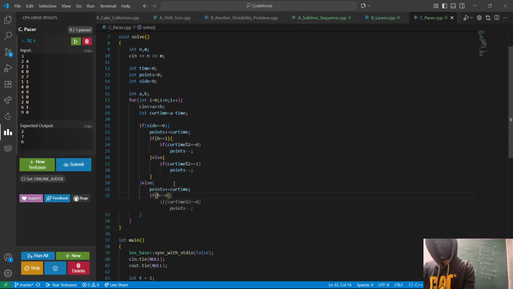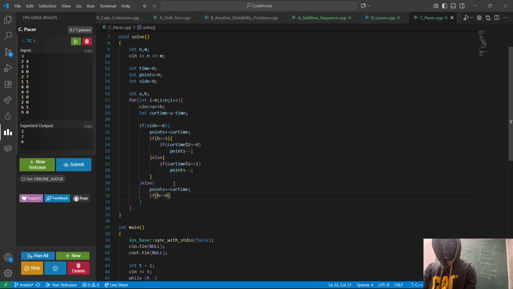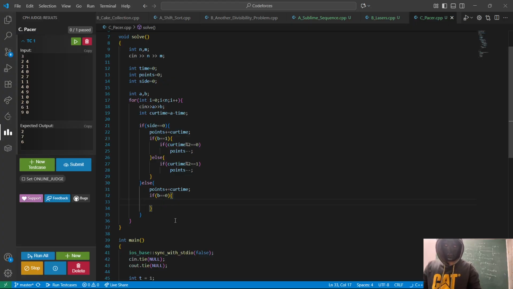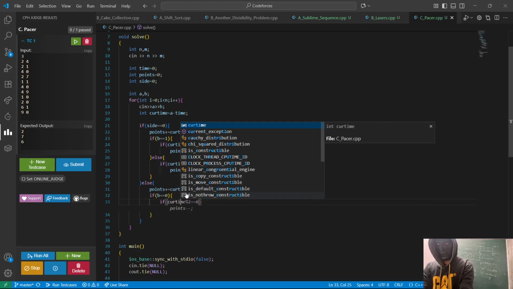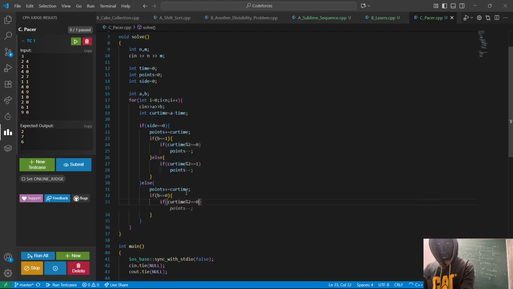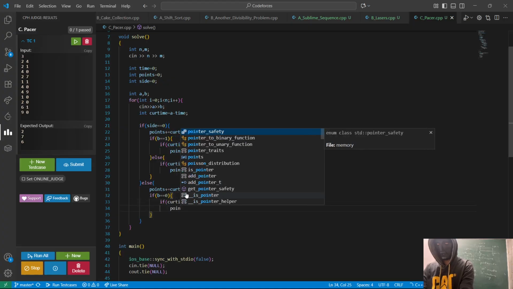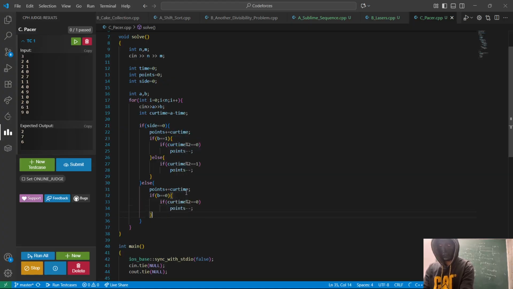Now you have to check if b is equal to 0, which means initially he was at side 1 and now he wants to reach side 0, which means the other side. So for the other side, what we are doing is basically checking if that current time is even. If it is even, then your points will be decreased.